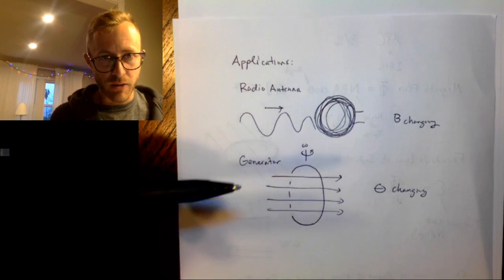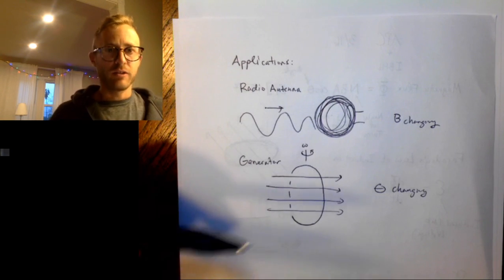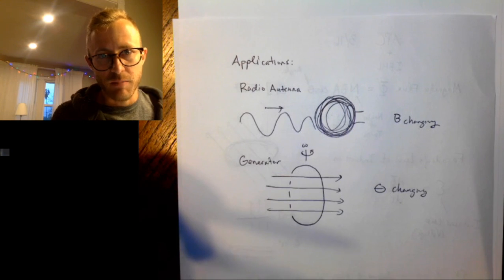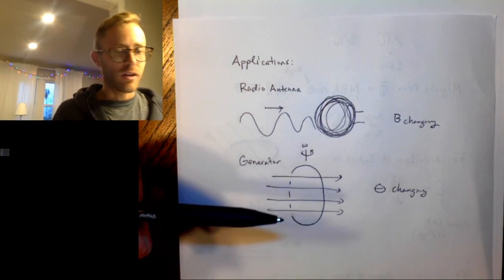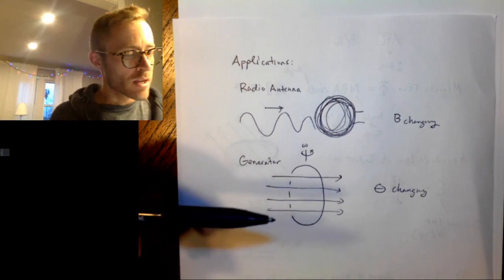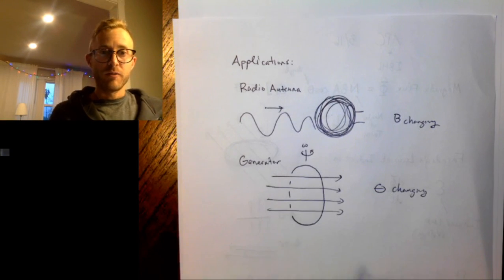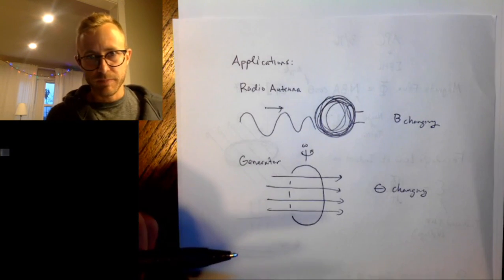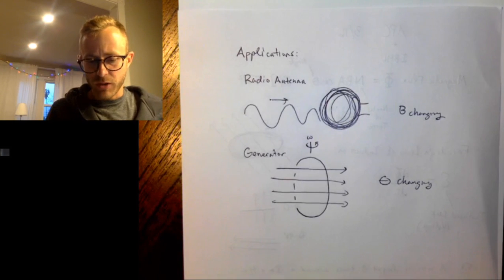You could also have, for example, for a wind turbine, it's the wind that makes the loop spin. If it's a hydroelectric dam generating power, it's the water rushing downhill that spins the loop. So you have something that's providing energy to spin the loop, and then Faraday's law of induction converts it into electrical energy. Okay?